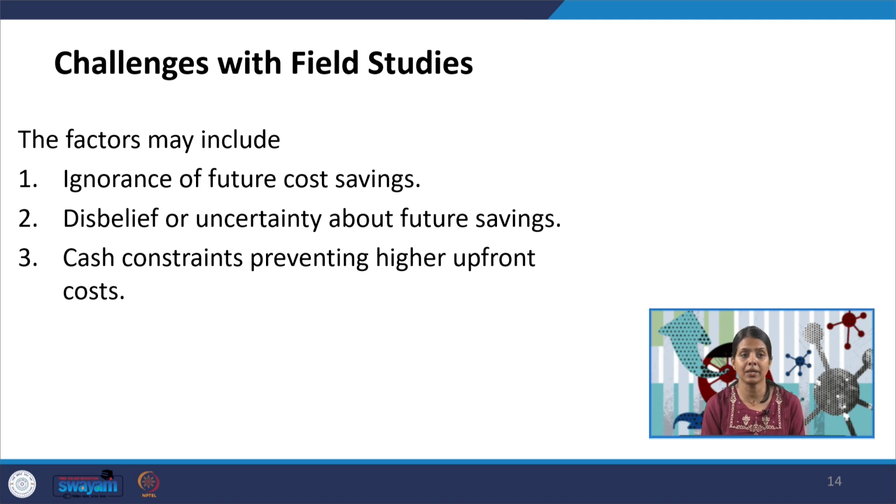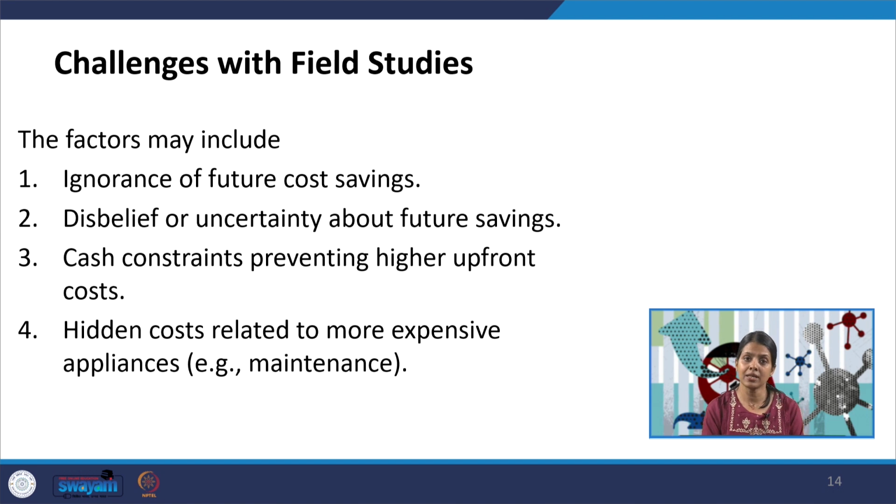For example, I might not have much money right now to buy a more expensive appliance, and that is why I settle for a cheaper appliance. There could be other hidden costs related to more expensive appliances. For example, maintenance. I can go for a high rated or more efficient appliance, but a more expensive appliance will also have more expensive parts, as a result of which maintenance will be higher.